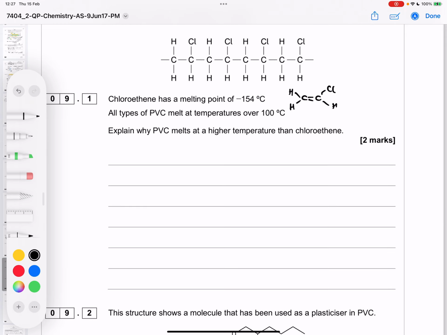Now, these two molecules have essentially got the same atoms, so we talk about the same intermolecular forces, but what we will notice is that PVC is a much bigger molecule. It's a polymer, and if it's bigger, it has more electrons.